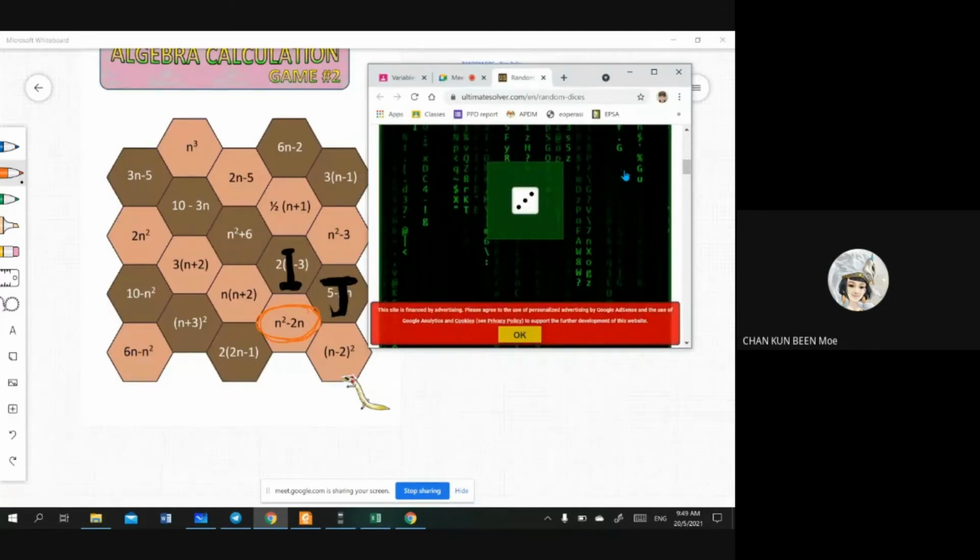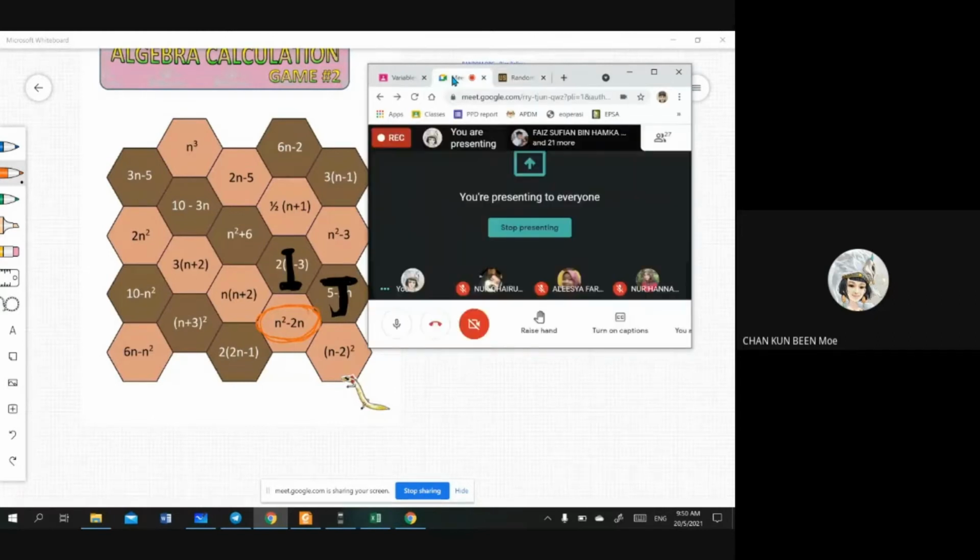So group 1, can you substitute and get the answer for the question you have chosen? I give you about 10 seconds. Can you get the answer, group 1? The value of the variable is 3.